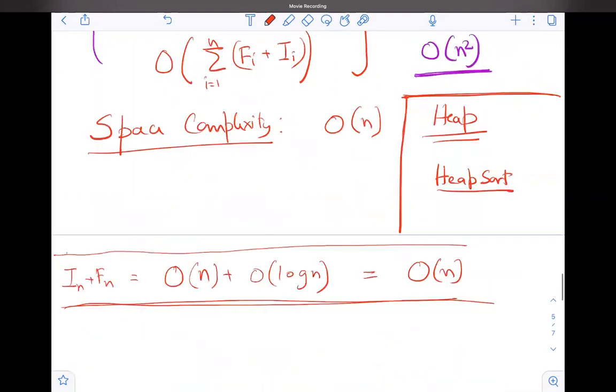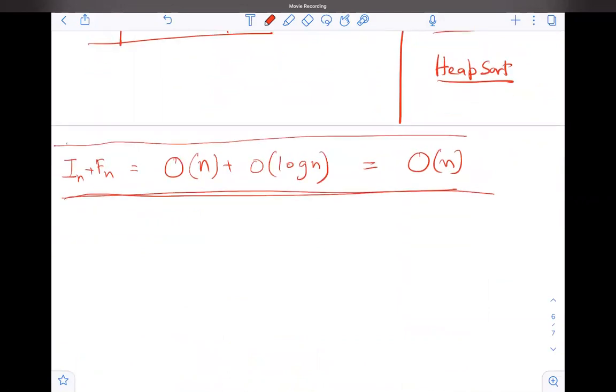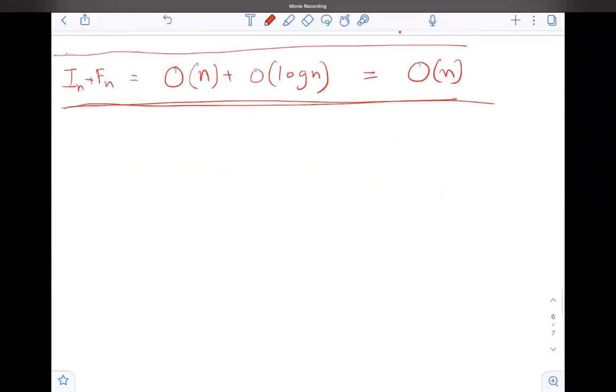Okay. Good. Now there are other properties of a sorting algorithm that we might want to look at. What all things have you seen? We have seen time complexity. We have seen space complexity.